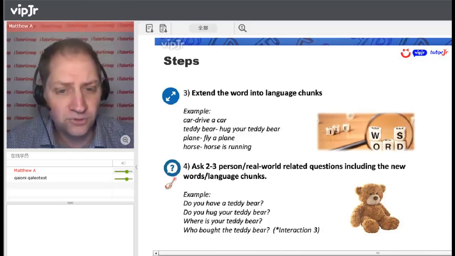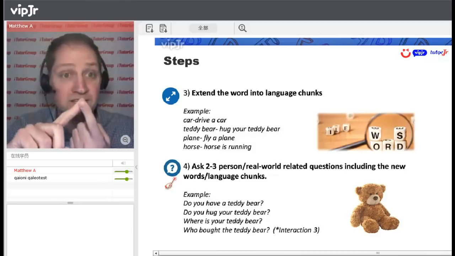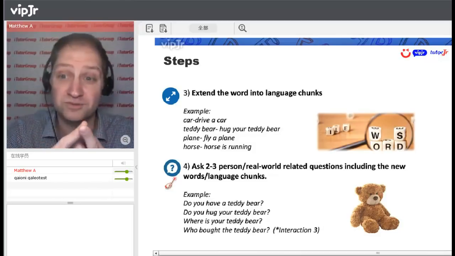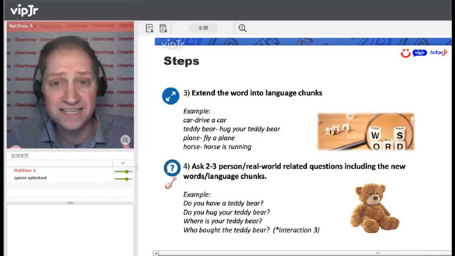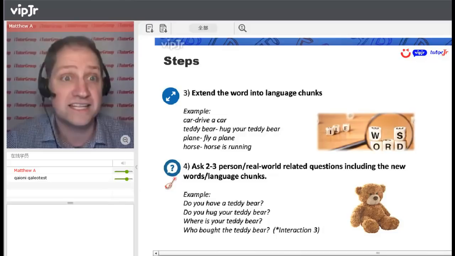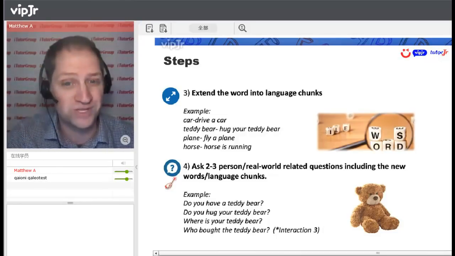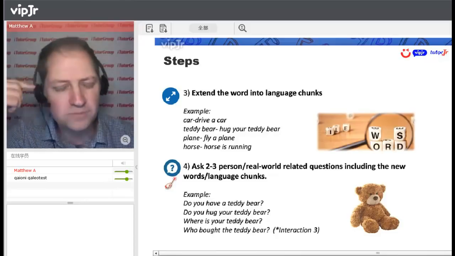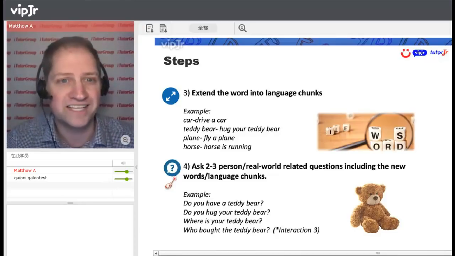Moving on to step 4. How do we then progress this? So we've taught them the noun or the verb or maybe the adjective. We've used some TPR to help them really get the understanding. We've given them a chunk of language to use. And at the end, step 4, we want to then use some questions with them to help get them really thinking actively about the language that we've given them.